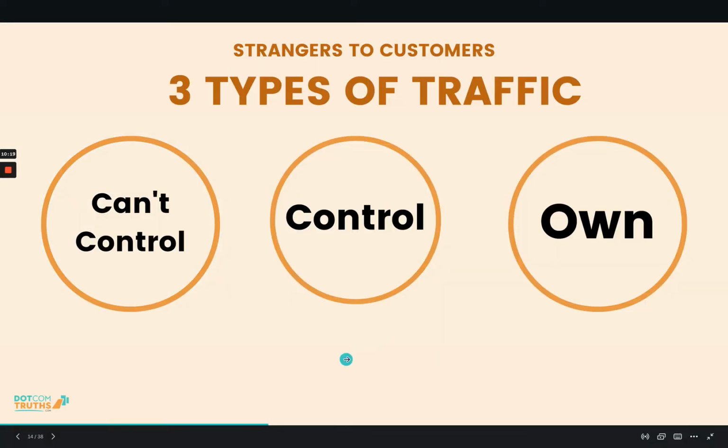Now, there are three types of traffic. There's the traffic that you cannot control, there's the traffic that you can control, and there is traffic that you own. Credit on this topic: this content is from a book that I've read called .com Secrets.